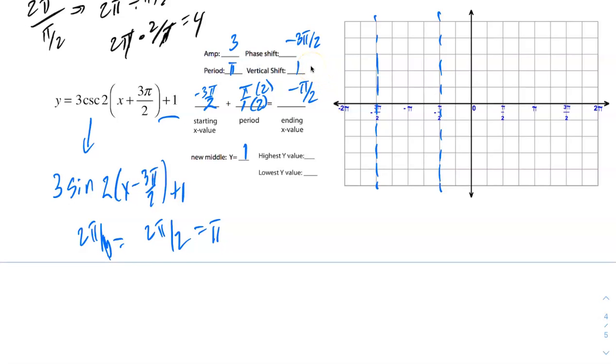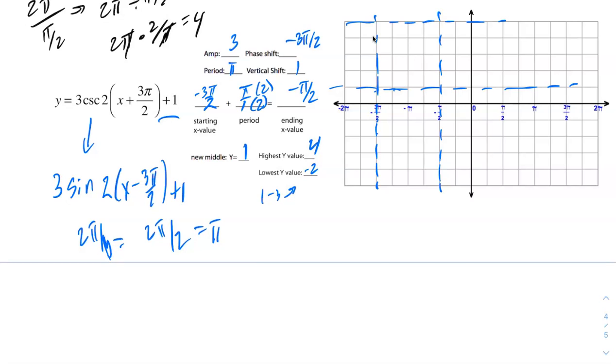So that's where we're starting right here. What's my highest value? Well, you could add the amp to the new middle, so you get 1 plus 3 is 4, and 1 minus 3 is negative 2. So go 3 up to 4, and 3 down. Right, so 3 up, 1, 2, 3.